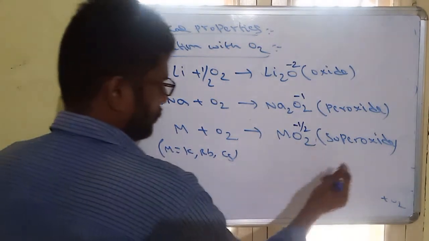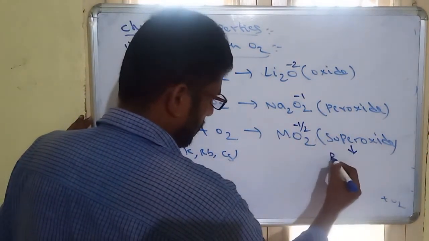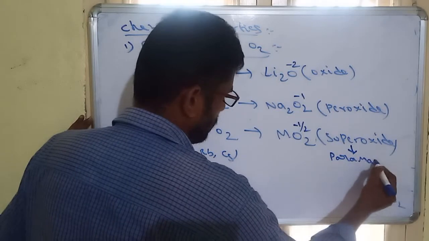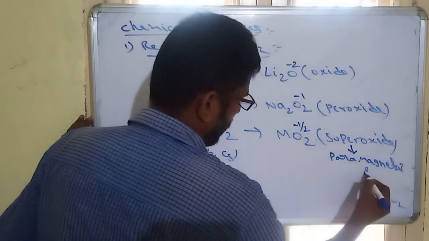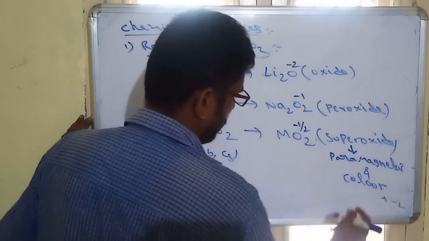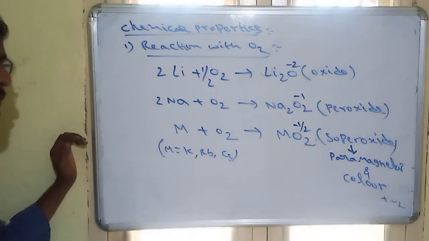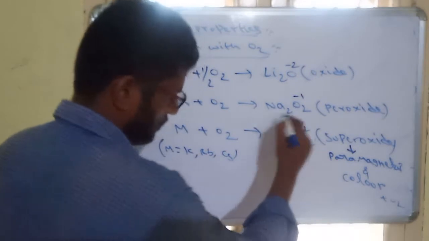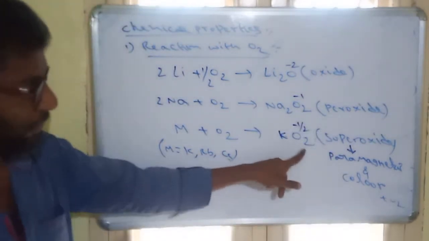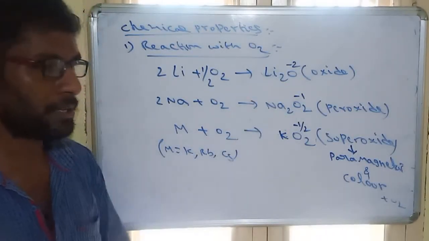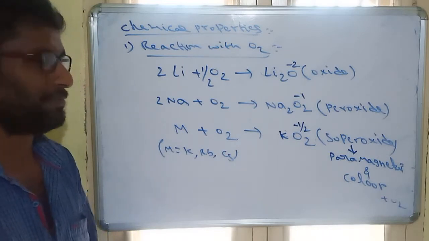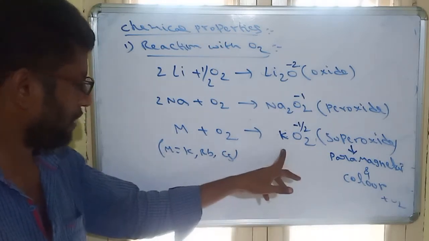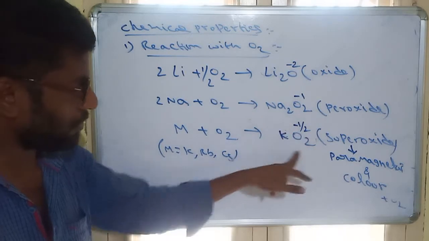Remember, the superoxides are paramagnetic in nature and also exhibit color because they contain unpaired electrons. Suppose we are taking potassium here. Calculate the electrons. O2 has 16 electrons, and potassium has atomic number 19, so the total is an odd number.